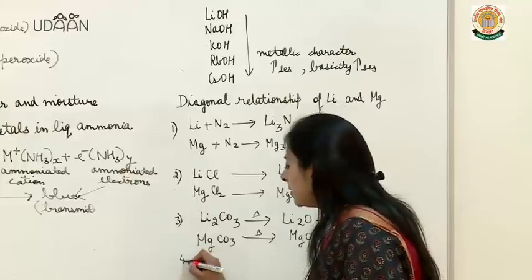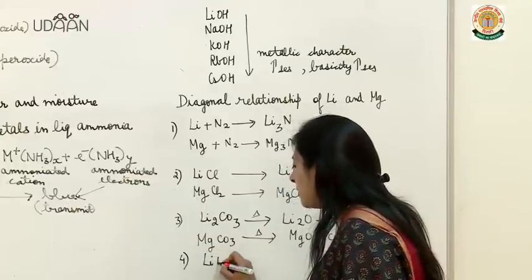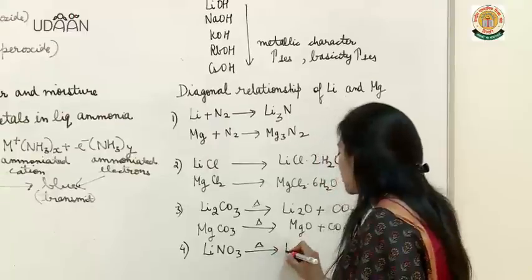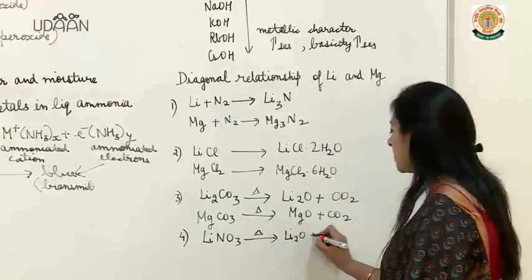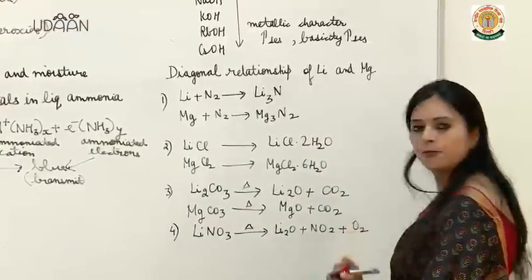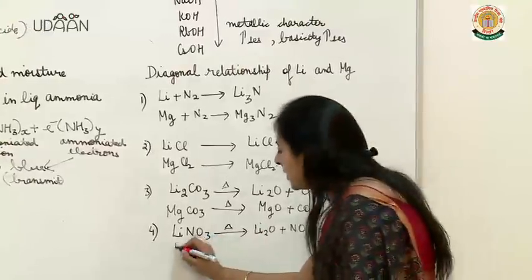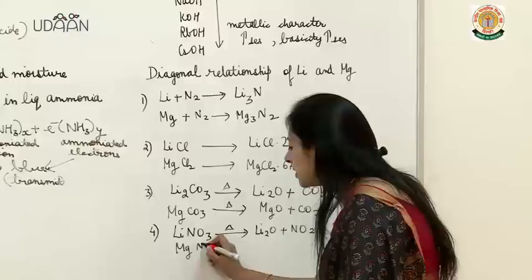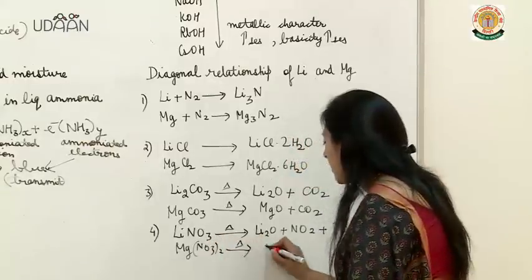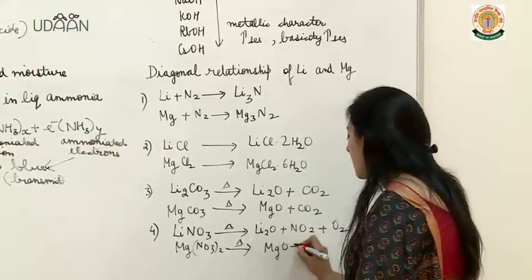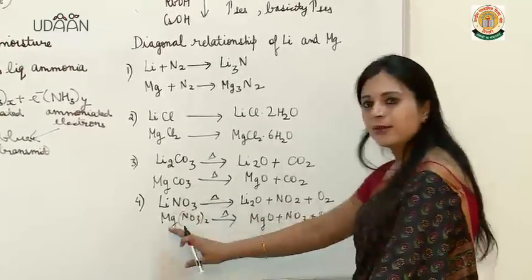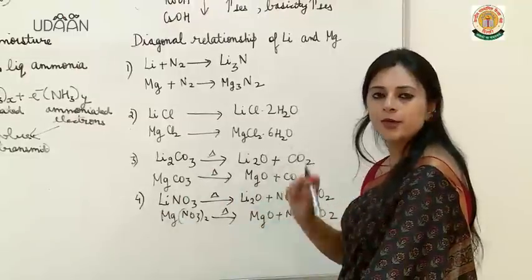Now let me explain what happens when lithium nitrate is heated. I get lithium oxide plus NO2 plus O2. When I heat magnesium nitrate, what am I getting? I am getting magnesium oxide plus NO2 plus O2. Now what is the anomalous behavior of lithium here?